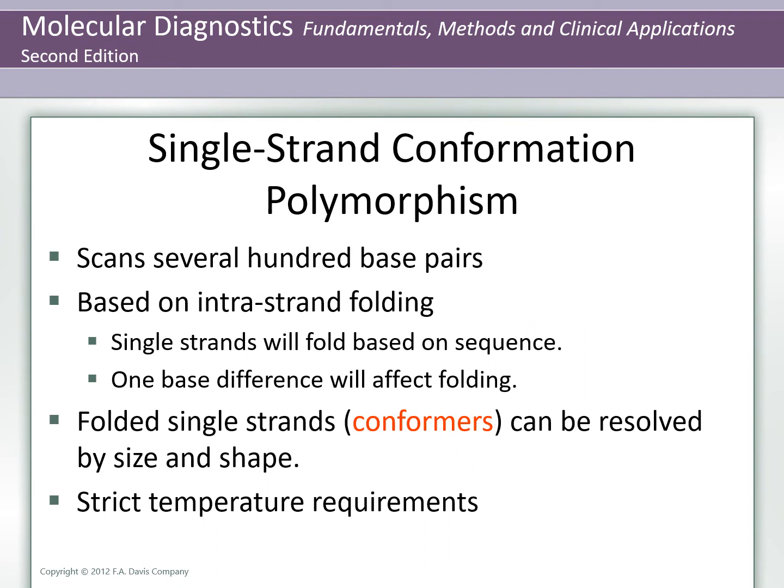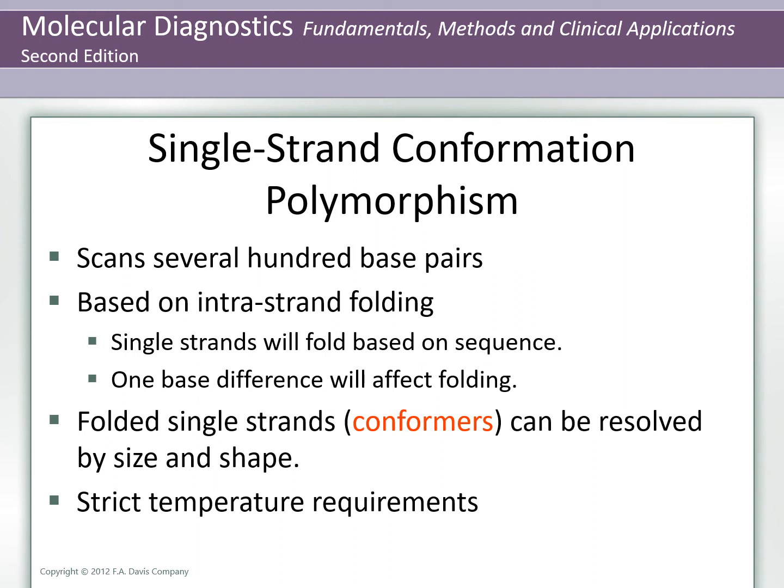For single-strand conformation polymorphism, dilute concentrations of short double-stranded PCR products are denatured, followed by rapid cooling. Because the diluted single strands cannot easily find their homologous partners, they fold by intrastrand hybridization, forming three-dimensional conformers. The shape of the conformer depends on the complementary nucleotides available.